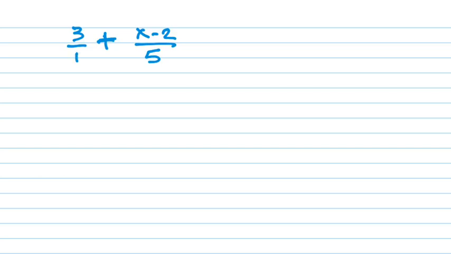In order to combine fractions, I need to have a common denominator. Are they the same right now? No. But if I look for common factors, there's nothing common, so I'm just going to multiply them together, which means my common denominator is 5. Write one big fraction with 5 on it, because my whole goal is to put them together. Now, if I change the denominator, I must also change the numerator. And what's the pattern?